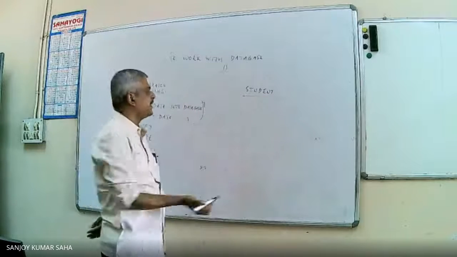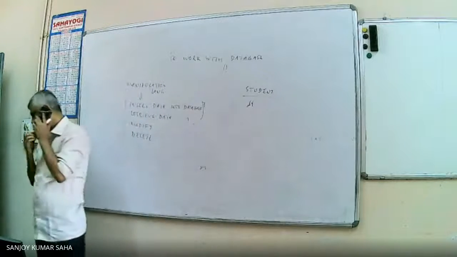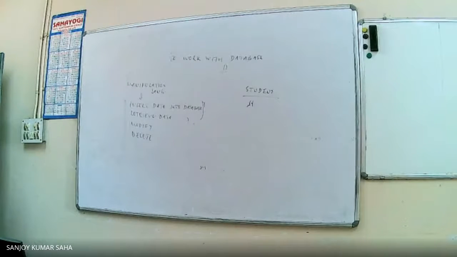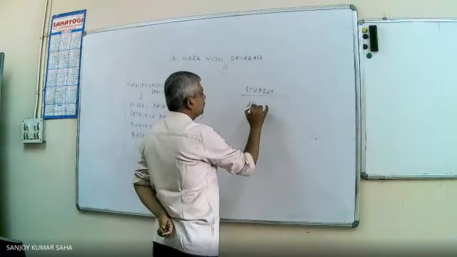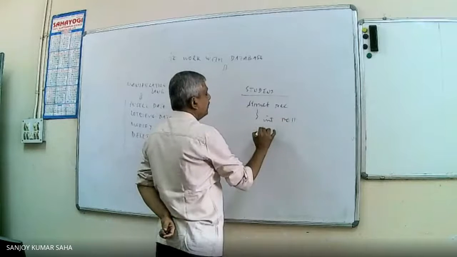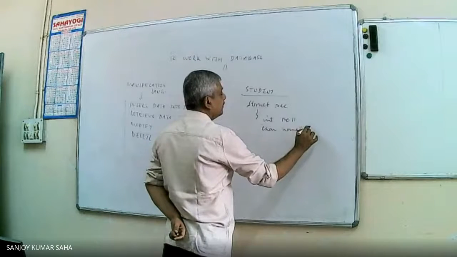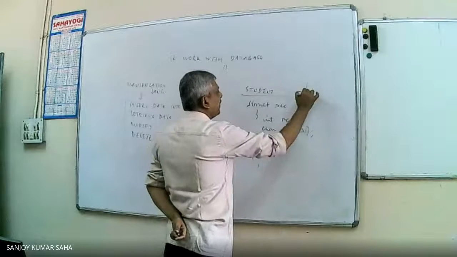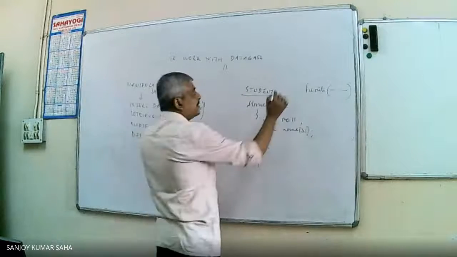Suppose we have considered a structure record kind of thing, say maybe the integer roll, say character name 31, etc. So somebody may open up a binary file using a write, one can store the data into the file. So that means one can go for manipulation.